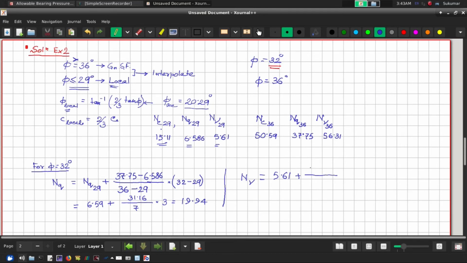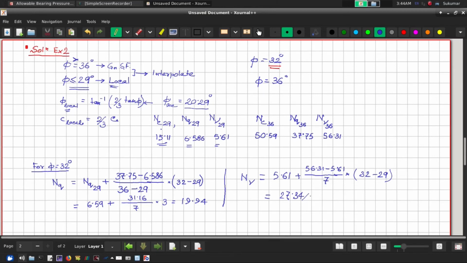N gamma for 36 degree is 56.31 minus for 29 it is 5.61, divided by 7 into again 32 minus 29, and this will give me a value of 27.346.